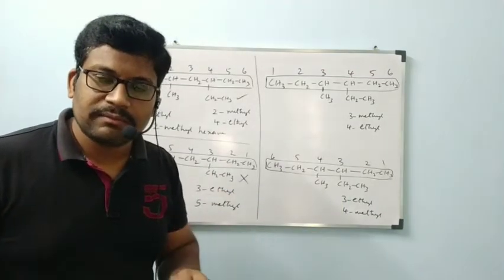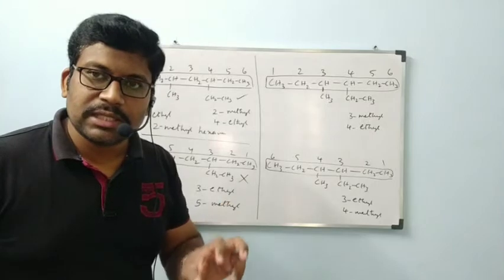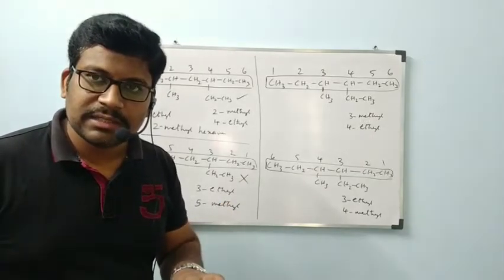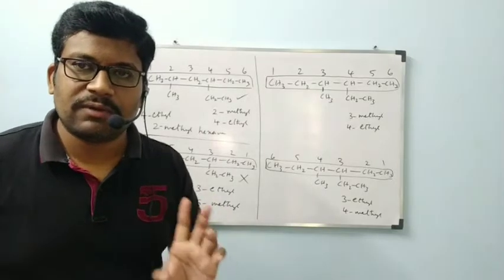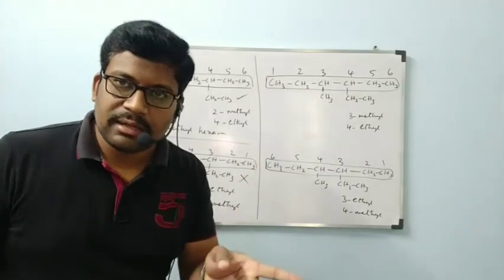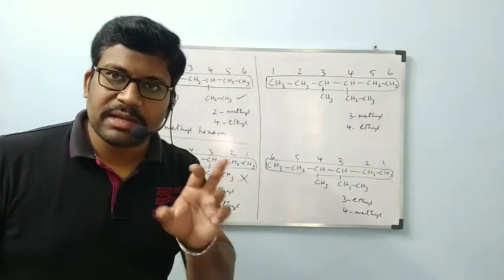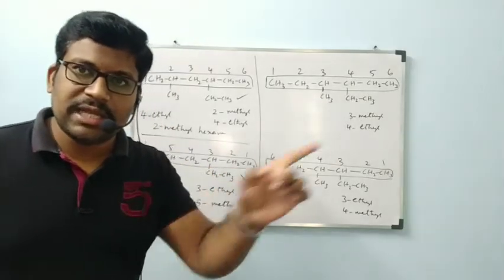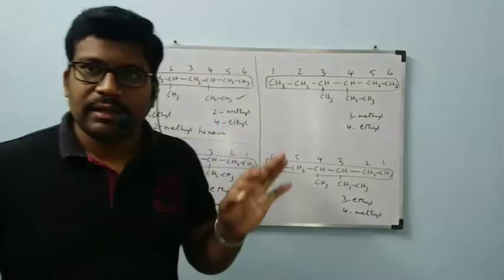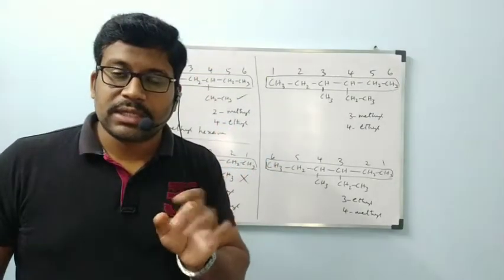When both are same, we have to see that numbering in which the ethyl group gets the least number, because we have to follow alphabetical order. Ethyl and methyl, which alphabet comes first? A, B, C, D, E, F, G, H, I. M we will get later.